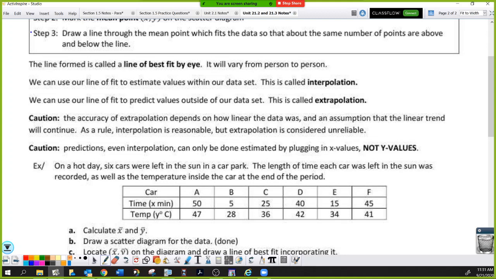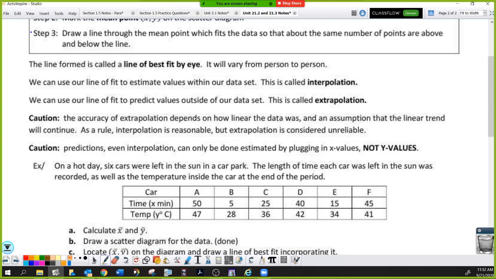The accuracy of extrapolation actually depends on, one, how linear the data was, and an assumption that the linear trend will continue. Whoops, dropped my paper. And what was the other? And two, it also assumes that the data can go on forever. But not all data can go on forever.